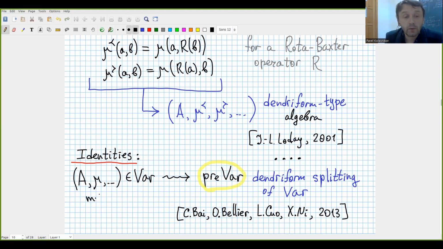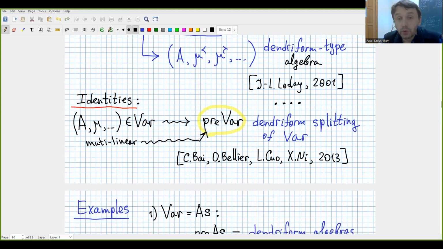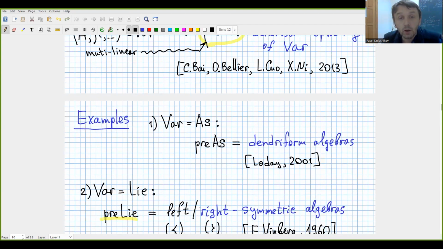If we have some family of multilinear identities defining the variety Var, then we may simply rewrite them to get the identities defining the splitting variety pre-Var. The examples of such a splitting are the following.